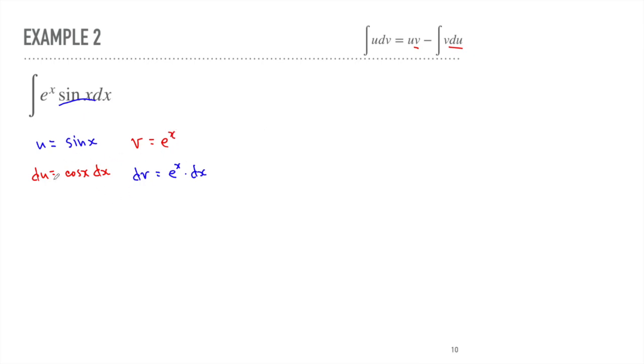Using these assignments, yung expression natin na to magiging equal sa u times v, which is e to the x times sine x minus integral of v times du, e to the x cosine x dx.